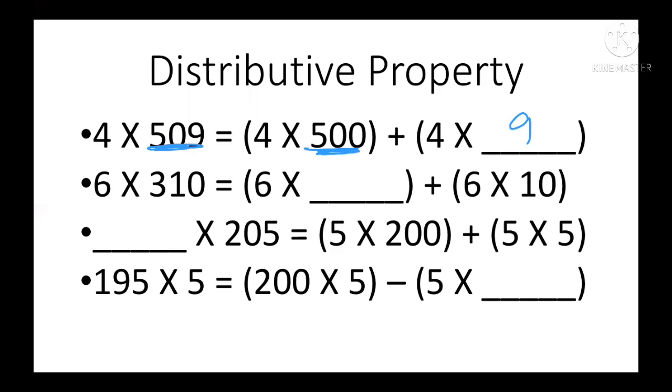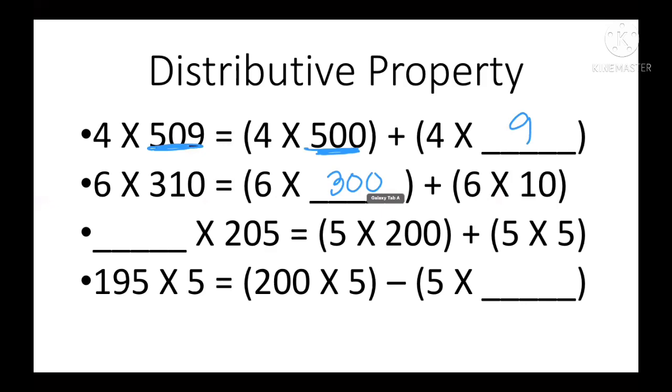Correct. Number 2. How about 6 times 310 equals 6 times blank plus 6 times 10? Yes, the answer is 300. Very good. Why 300?